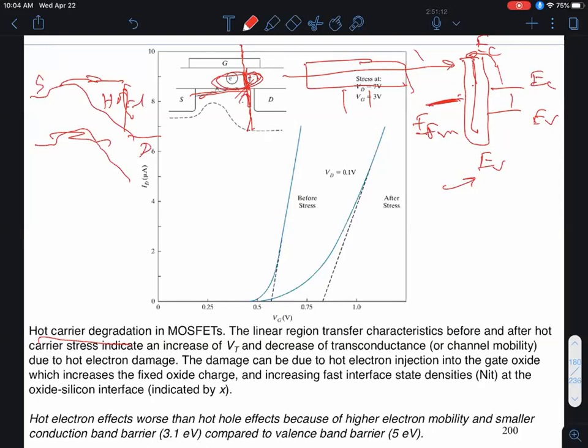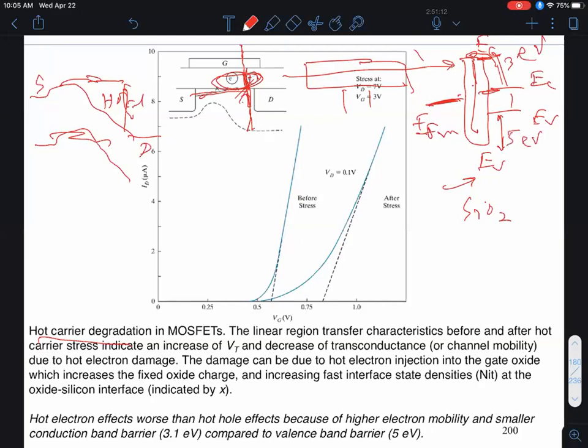The extent of the injection would depend on the delta EC for electron injection or delta EV for hole injection, okay? And it turns out if this oxide was SiO2, this delta EC was roughly 3 electron volts, while delta EV was 5 electron volts, okay?